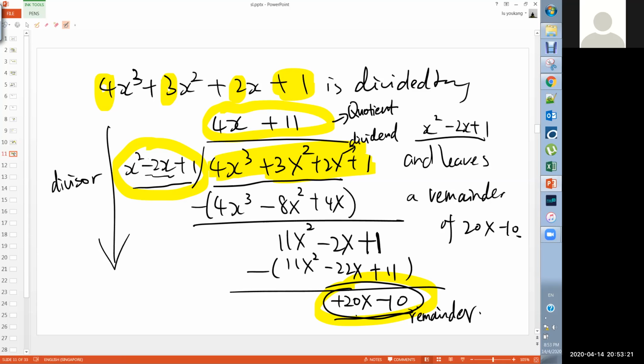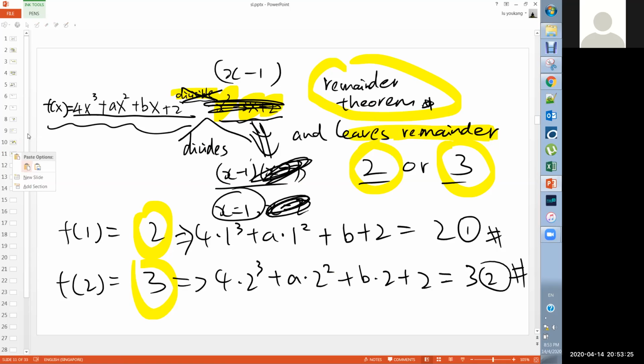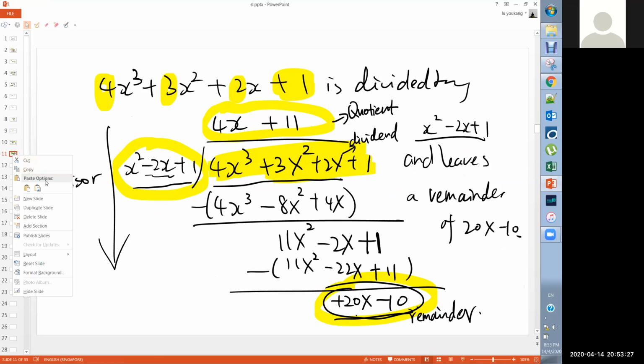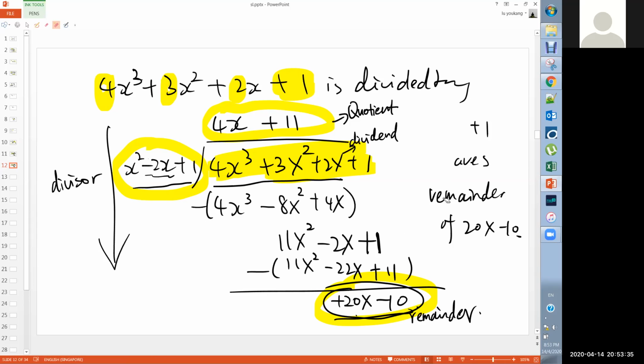Why is this important? I'm going to go to the next slide. Because in the question they will come out with word problems. Probably you will get tested in long division. Okay, let me clear this first. I will show you why this is important.